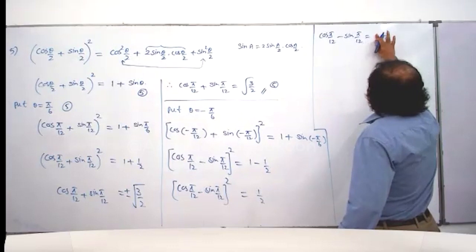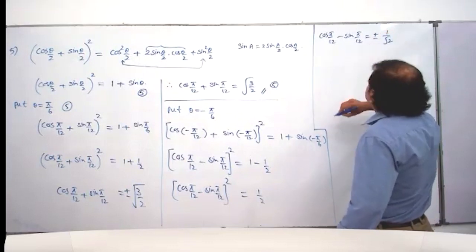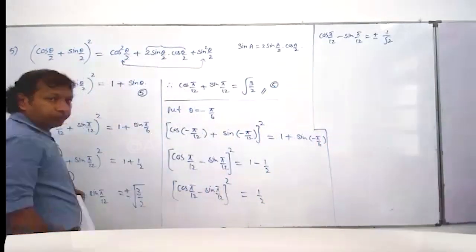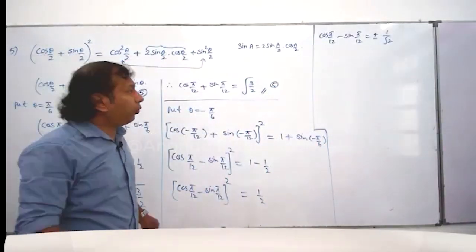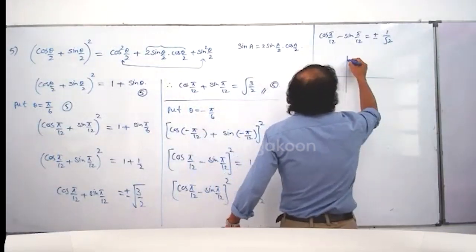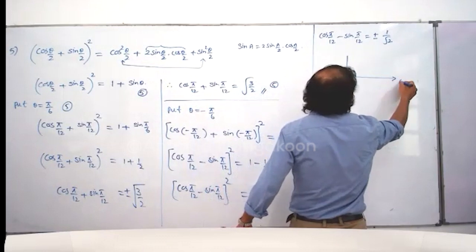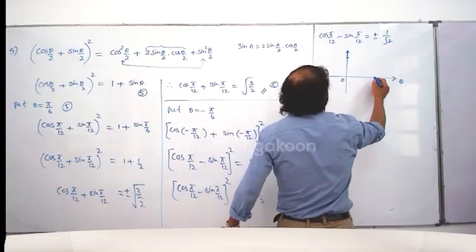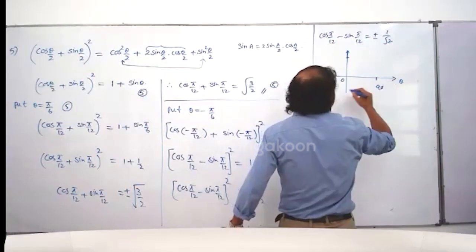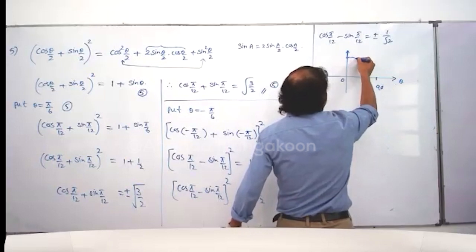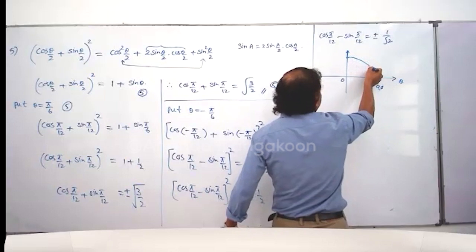This time, which sign do we have to select? Pi by 12 angle means 15 degrees, no? Right. Now, when you sketch the cos graph and sin graph both in the same diagram between 0 and 90 degrees, cos 0 is 1, cos 90 is 0, the cos graph is like this.